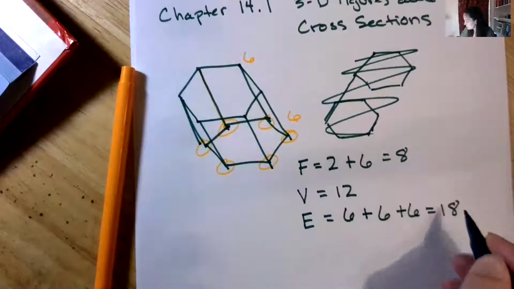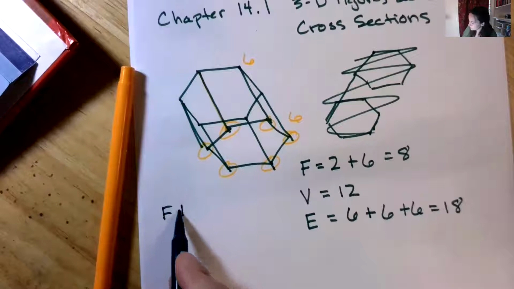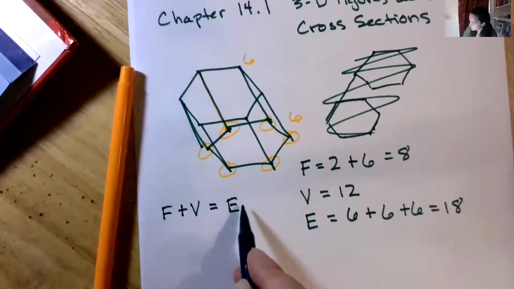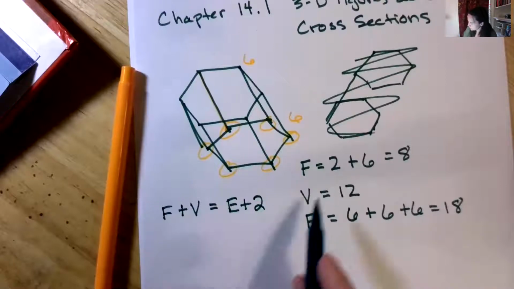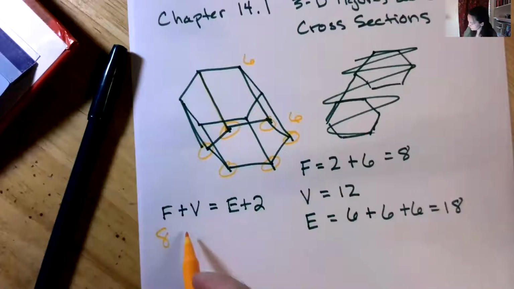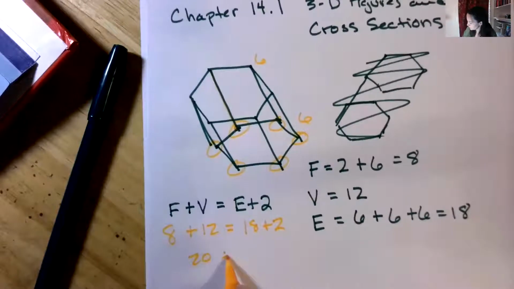So 18. Now let's check Euler's formula. Faces plus vertices is going to be equal to the number of edges plus 2. So we have 8 plus 12. Does that equal 18 plus 2? 20 equals 20. Yes, it does.